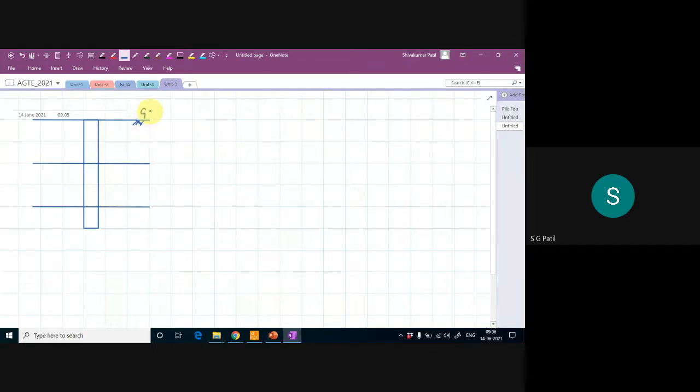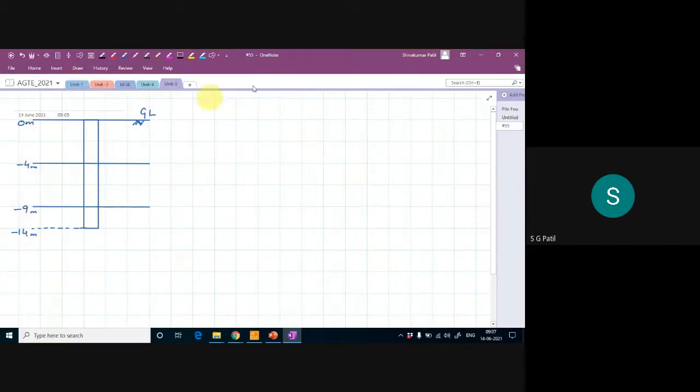So this is ground level at 0 meter, this is -4, and this is -9, and your pile will be terminated at a depth of -14 meter. All these are in meters.